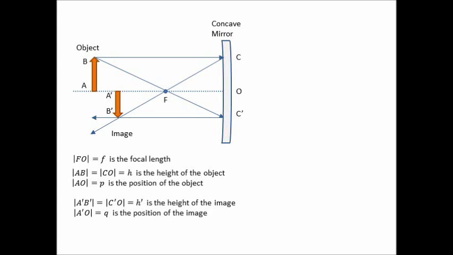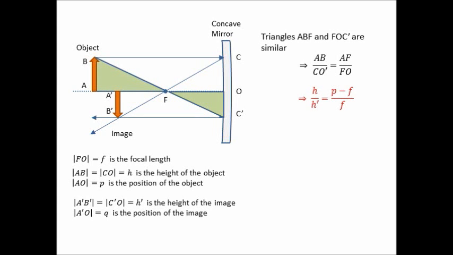Take a closer look at the geometric pattern formed by the rays. You may notice that they form several pairs of similar triangles. Two such triangles, ABF and COF, are shown in green.